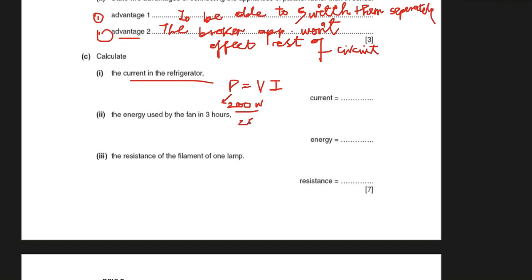So current is equal to 200 by 240, so 20 by 24, that is 5 by 6 amperes.